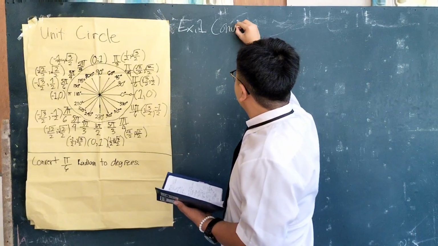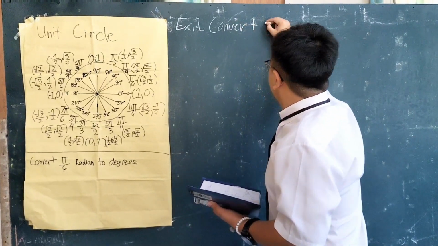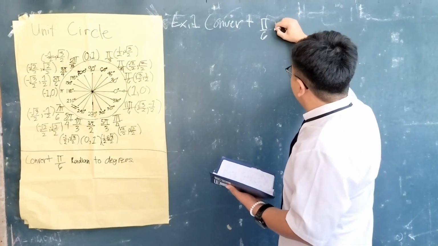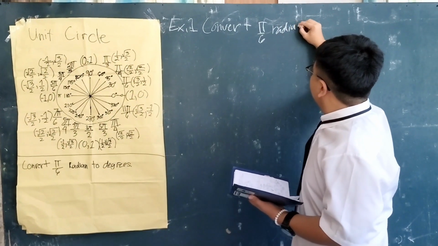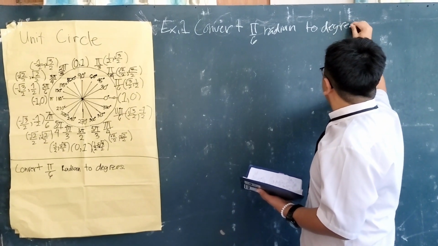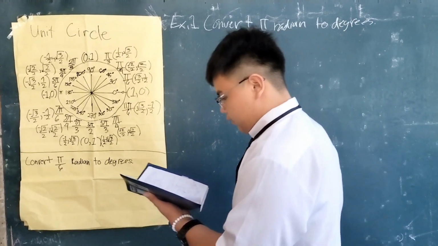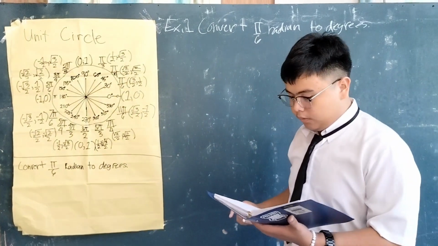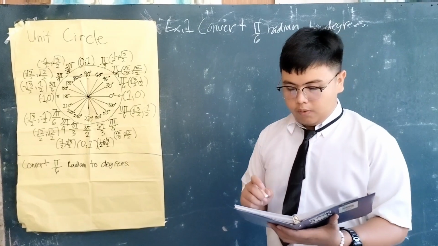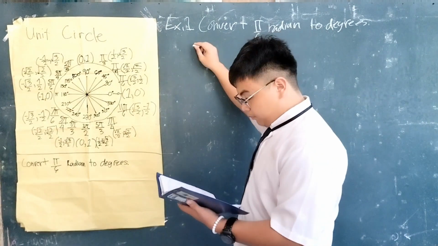Convert pi over 6 radian to degrees. Step 1 is to multiply the given radian measure by 180 over pi radian.